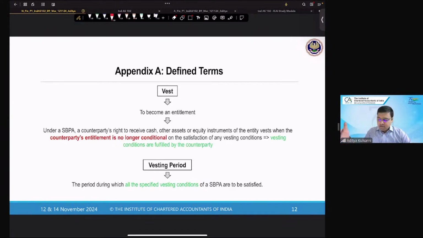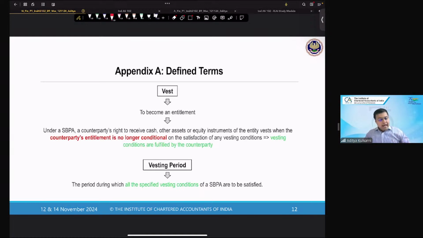So vest means, suppose an employee has been working in an organization and the entity wishes to give him equity shares in the entity for the services that he has been giving. It's a common feature in today's times, where even well-established companies give a certain percentage of the compensation in the form of employee stock options.